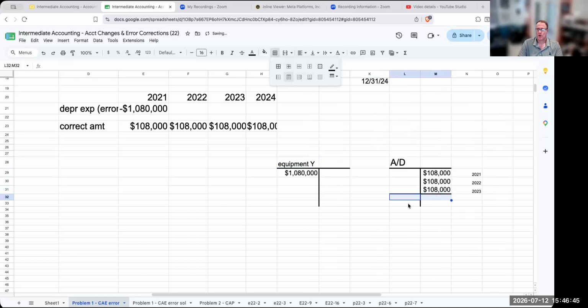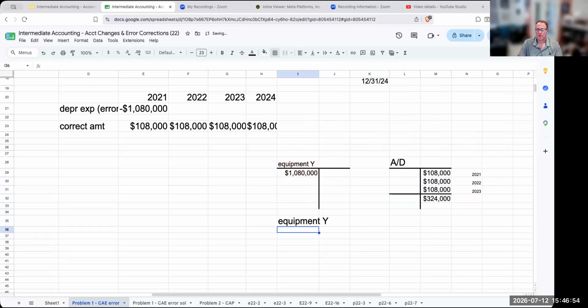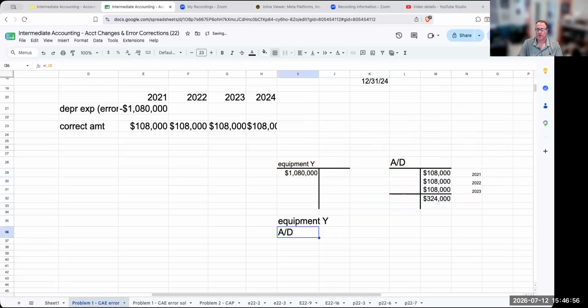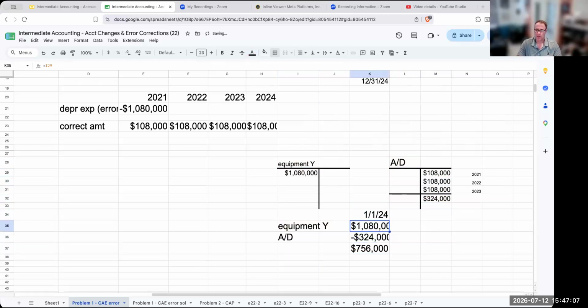Coming to 12/31/24, the true value of this asset is going to be equipment Y less your accumulated depreciation. So this equipment as of 1/1/24 should be on my books for 756,000. That's what should be on my books as of 1/1/24.